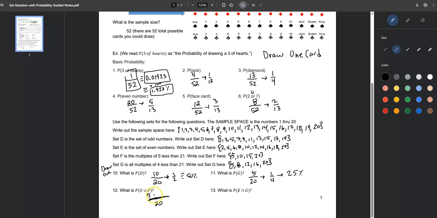There are 4, so I'm going to add those together. But then I have to look and see, is there any repeated numbers? And in this case, there is a repeated number, 20 repeats. So I don't want to double count that, so I'm going to minus the 1 repetitive number. And when I do that, 5 plus 4 is 9, minus 1 is 8 out of 20.